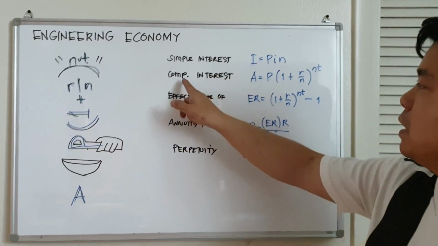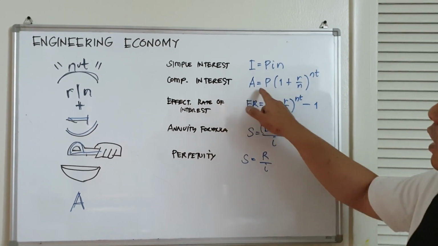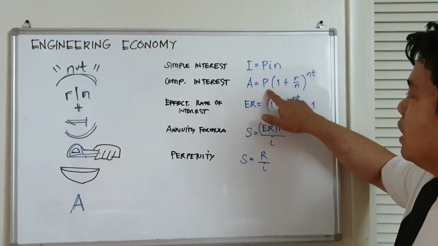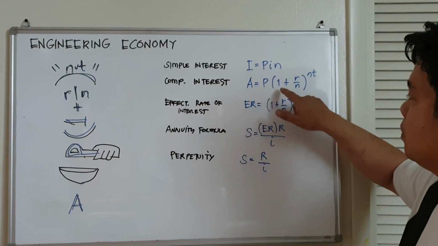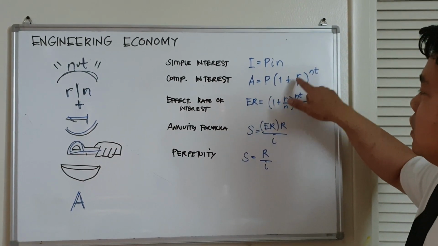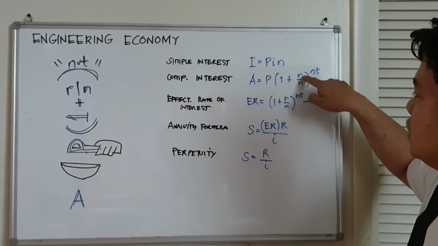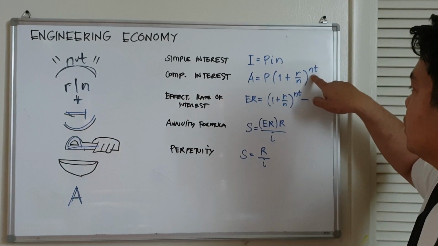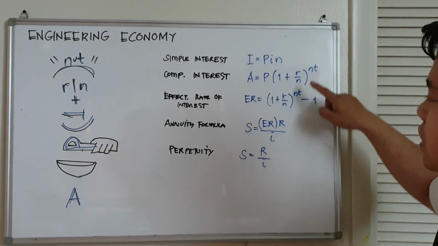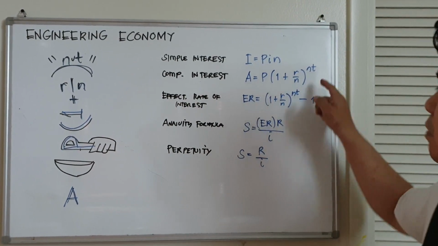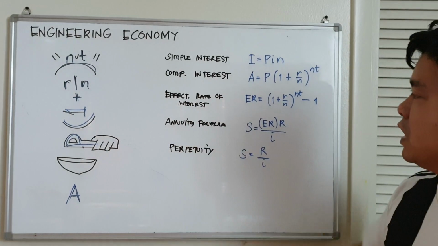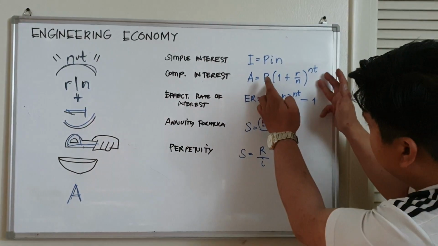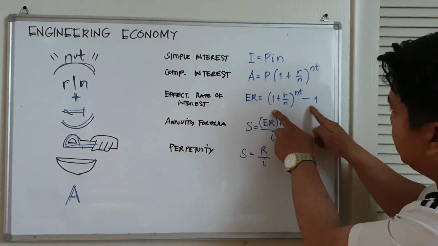The compound interest formula, where the accumulated amount is equal to the principal amount, open and close parenthesis, 1 plus the interest rate over the compounded terms, raised to the terms multiplied by the number of years, raised to NT. Then the effective rate of interest is this term minus 1.